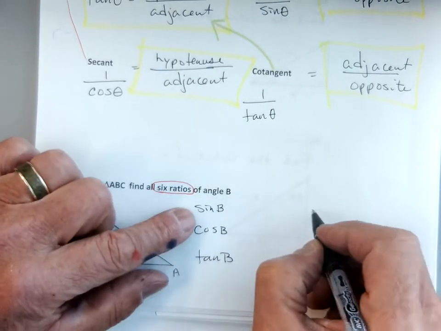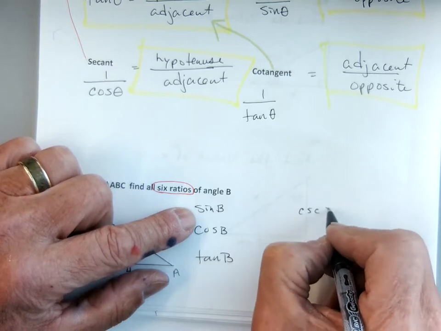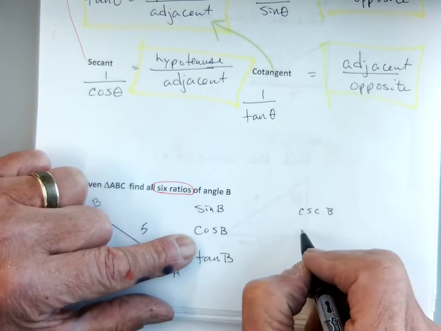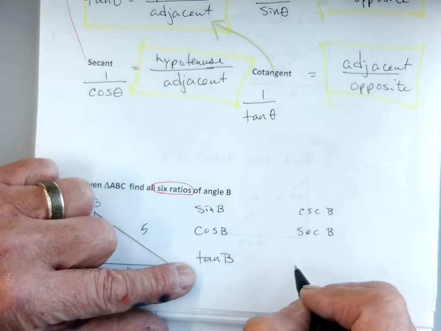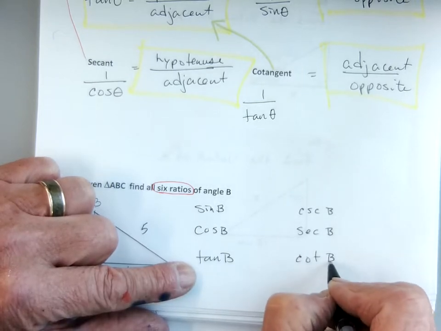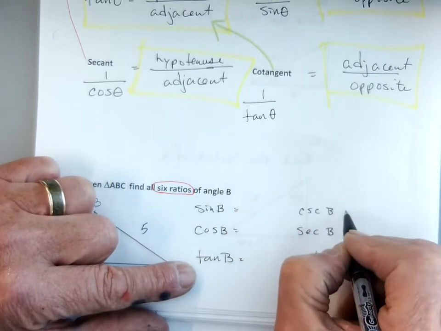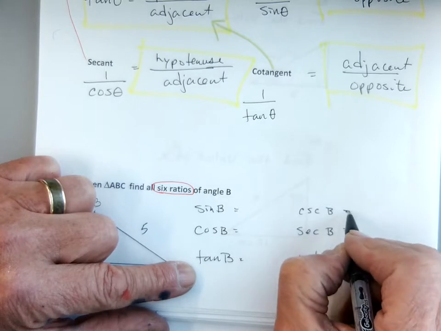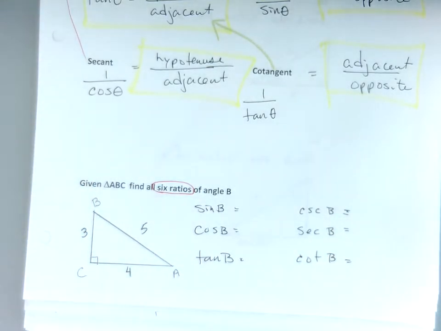You also want to find the cosecant of B, the secant of B, and the cotangent of B. All right? How am I doing? So we haven't answered the question, but this is what I want to find.